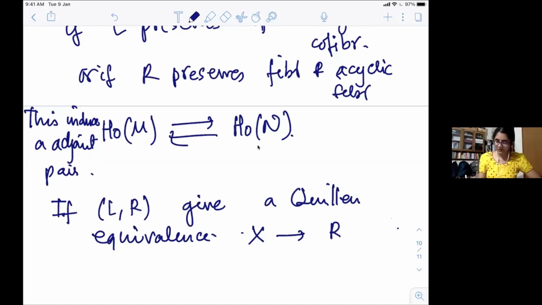So if it is Ry, then I think if this is a weak equivalence, and so is the other.